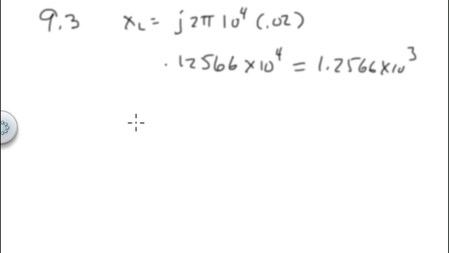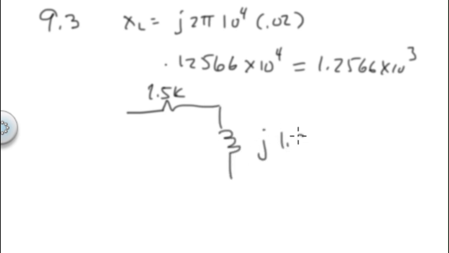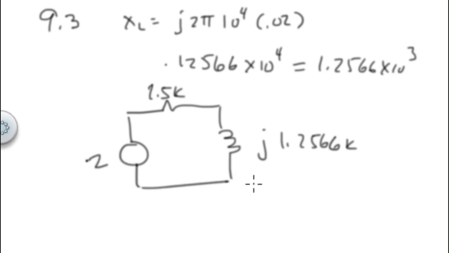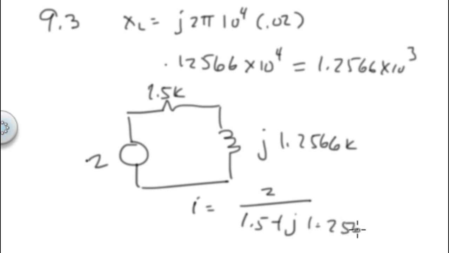So I have 1.5 k up here, and I have j 1.2566 k over here, and I have 2 volts going in. So what is my I? It's 2 over 1.5 plus j 1.2566, and that's in k ohms.